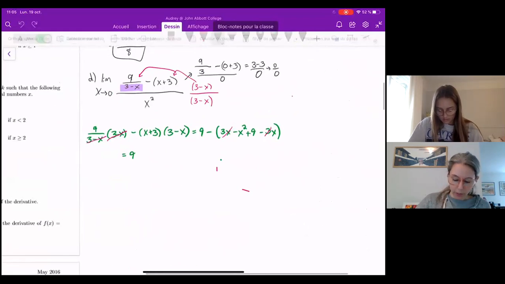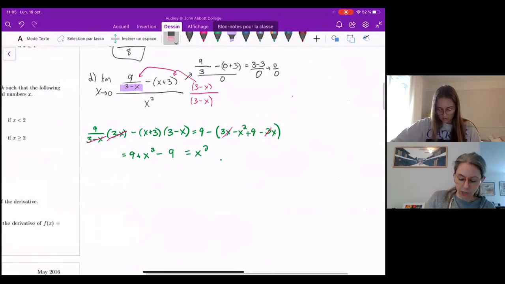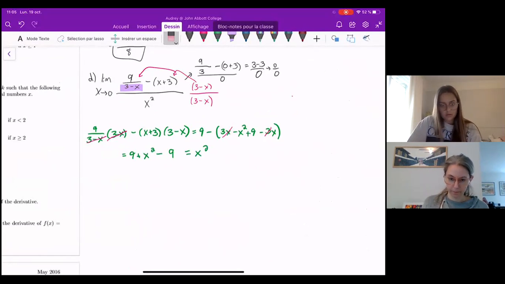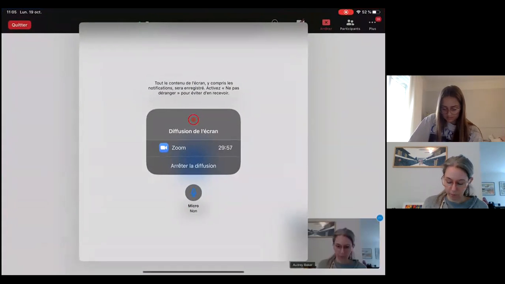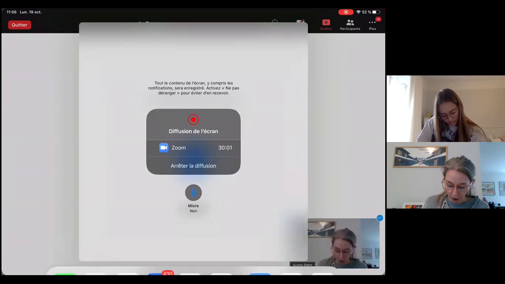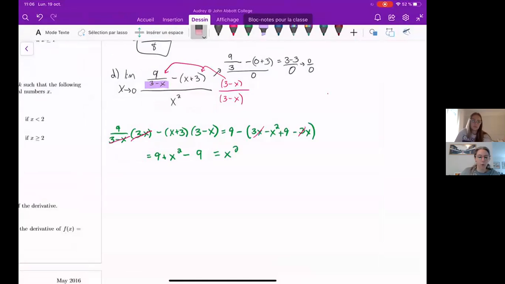Okay, so I have 9 plus x squared minus 9, and my result here is actually just x squared. Are there any questions about how I just did that expansion there?